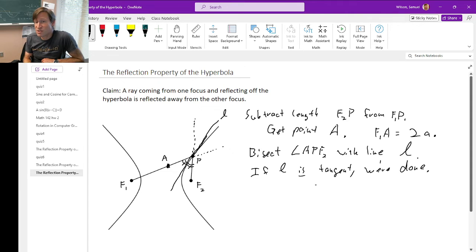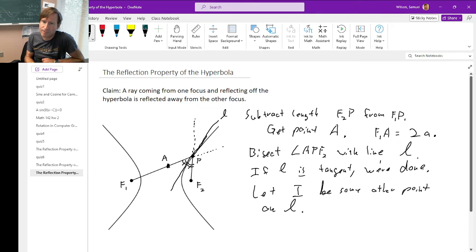To show that it's tangent to the hyperbola, we're just going to show that no other point on the line is on the hyperbola. So let's let I be some other point on the line L. What we can do is construct a line from I to F1 and from I to F2 like this.